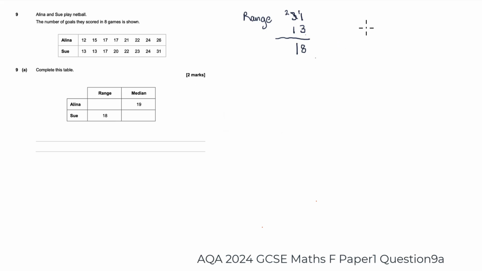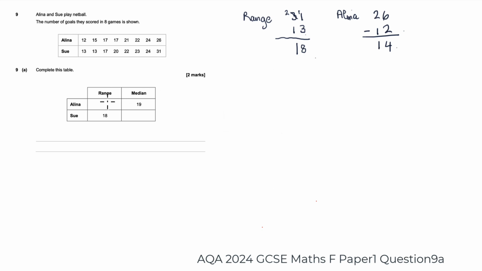Let's do the same for Alina. Now let's look at her smallest number of goals. It's 12, and our greatest number of goals is 26. So we have 26, and the difference between 12 and 26, 2 from 6 is 4, 1 from 2 is 1, that's 14.